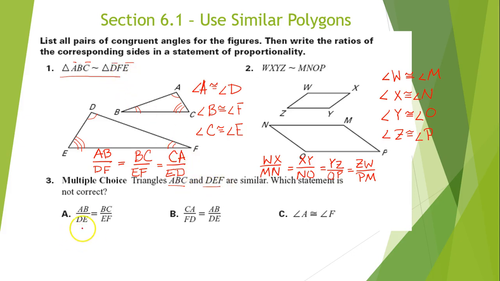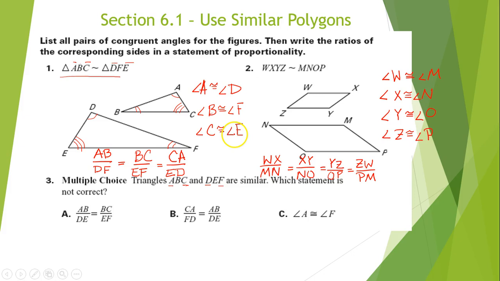All right, so looking at this statement, we have AB over DE. Those two sides do correspond to each other. And then BC over EF. Well, that one's right, so that one's not our answer. Now let's look at the next one. We have CA over FD. Okay, that works.